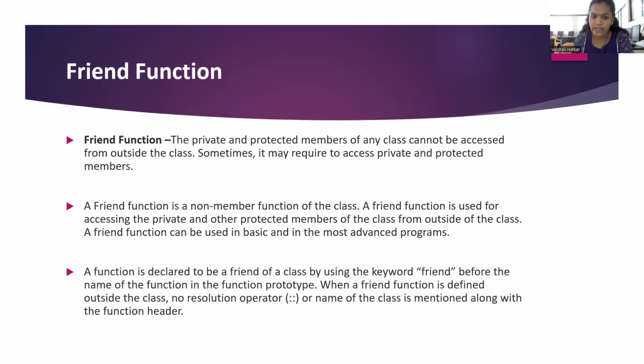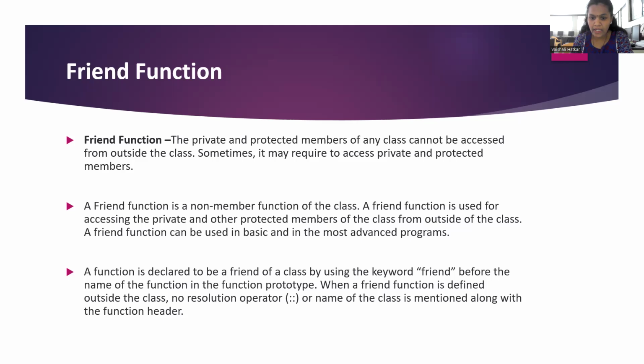A friend function is a non-member function of the class. A friend function is used for accessing the private and protected members of the class from outside the class. The friend function can be used in a basic and in the most advanced program. So a friend function is not a member of a class.